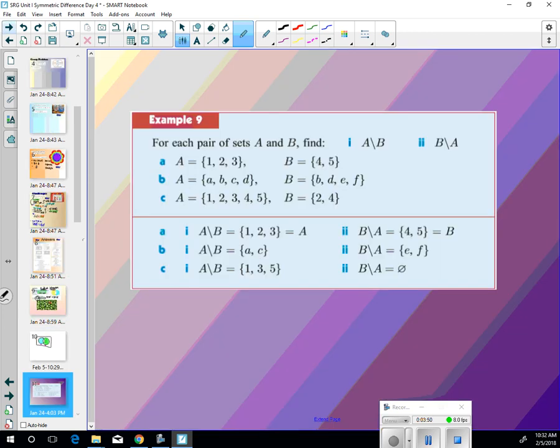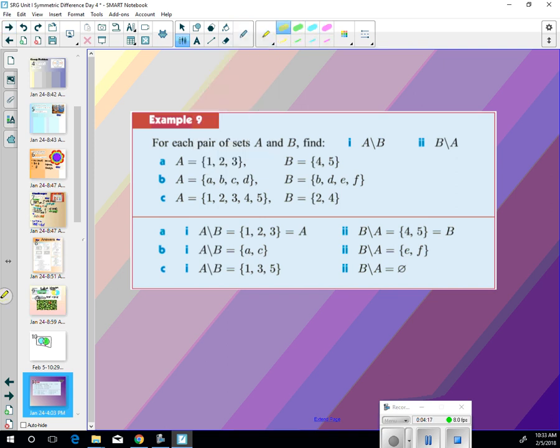Okay, and so you can look at these. Let's just do a couple of quick examples here. We're going to look at A not B and B not A. A not B is going to be any intersections between A and B? No, so it's just going to be 1, 2, 3. It's just A itself. B not A is just going to be B itself, 4, 5. But is there an intersection between these two?